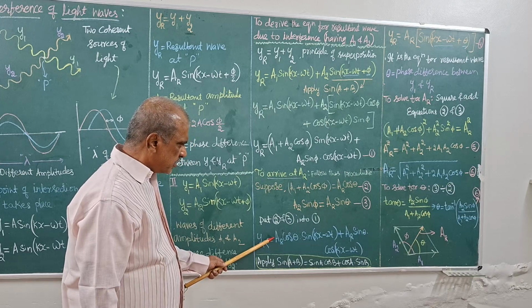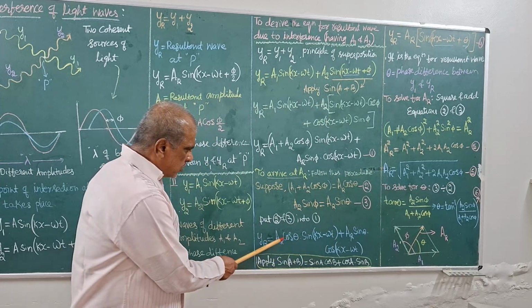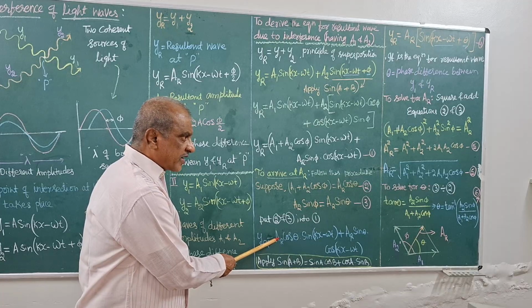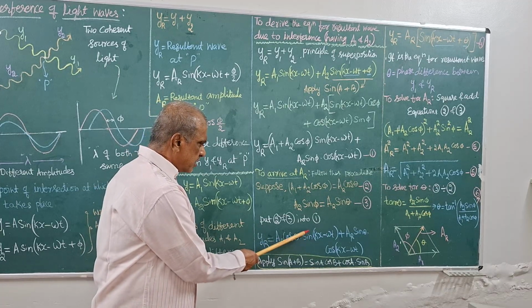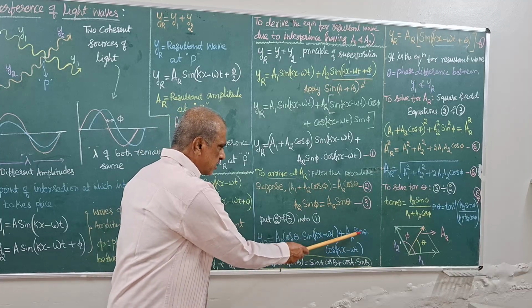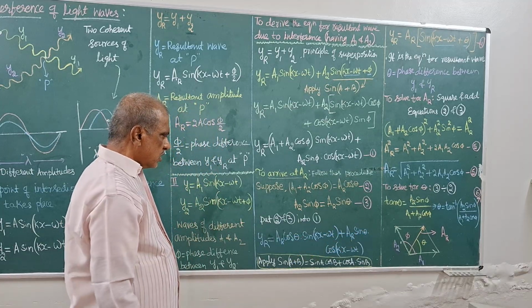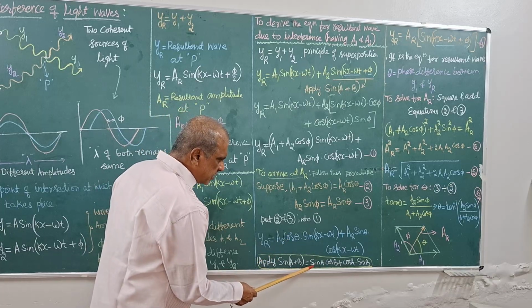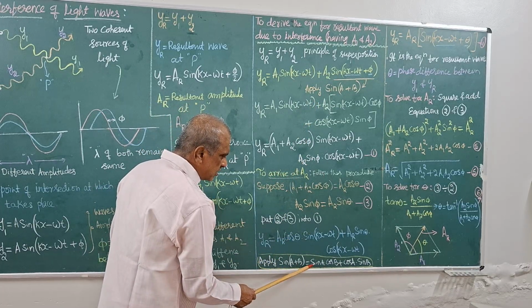Look at this equation. AR is common. We can take out AR as a common factor. Remaining is sin cos, like this. This is similar to the expansion, or rather the reverse of it.